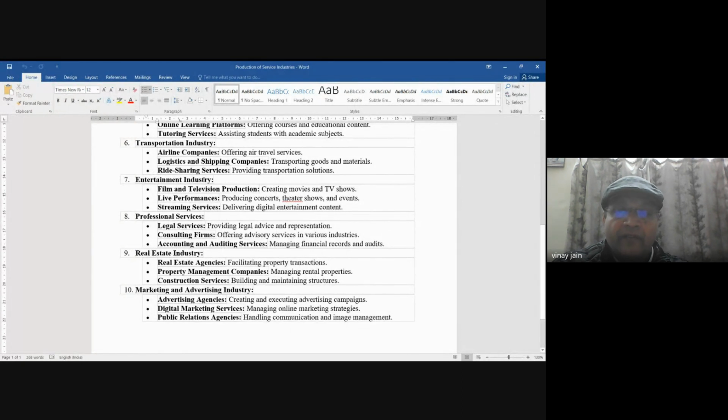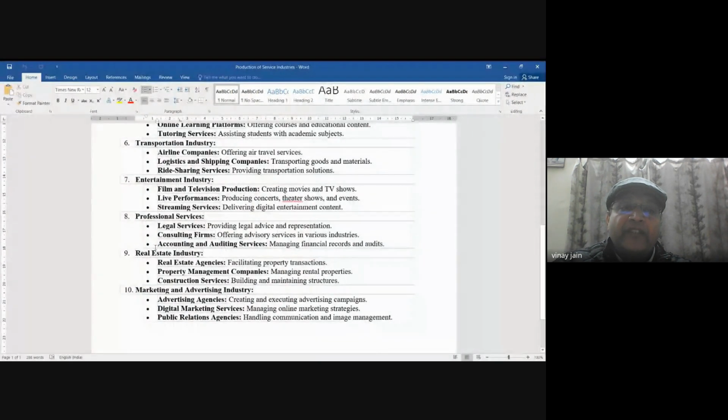The entertainment industry: film and television production creating movies and TV shows, live performances producing concerts, theater shows and events, and streaming services delivering digital entertainment content.